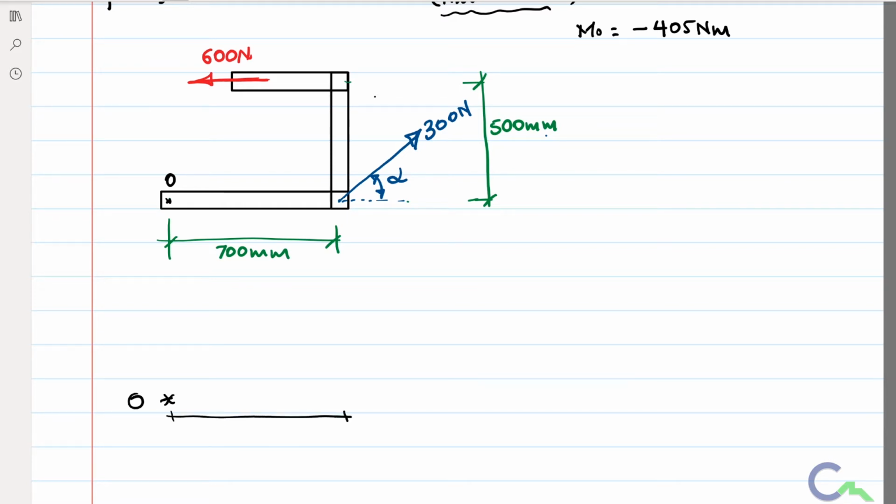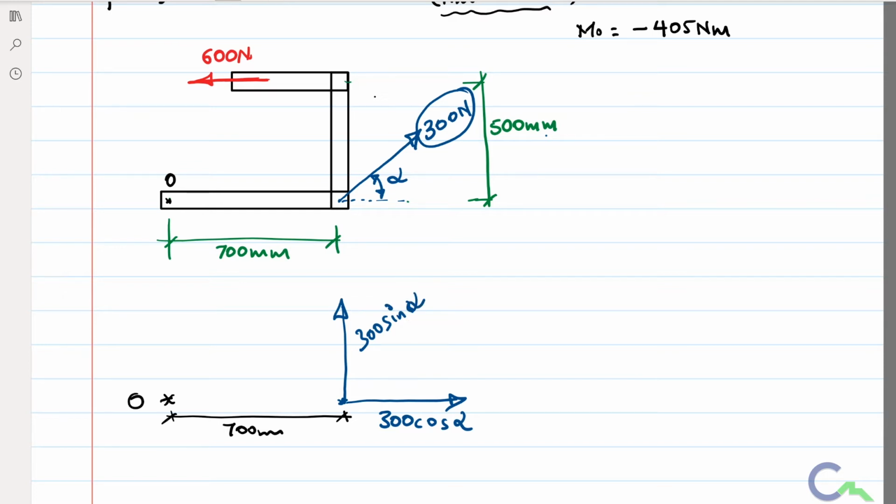At 700 mm distance we have our first force, that is 300 Newton. If I resolve that force in horizontal direction, the angle alpha is given with respect to horizontal, therefore 300 cos alpha is the horizontal component, and the vertical component is 300 sin alpha.